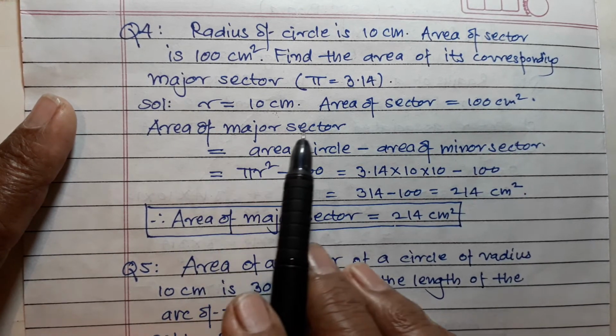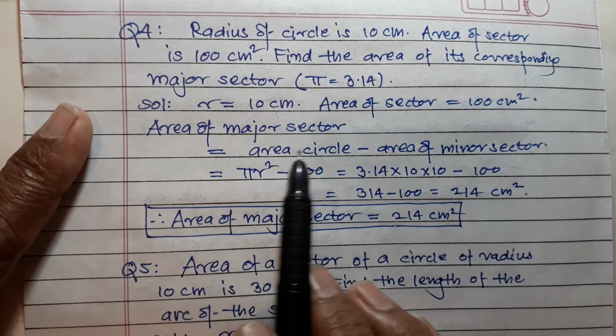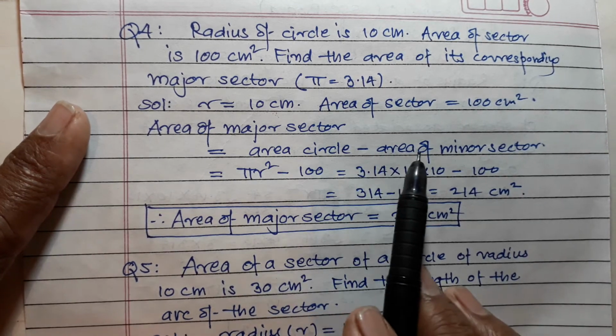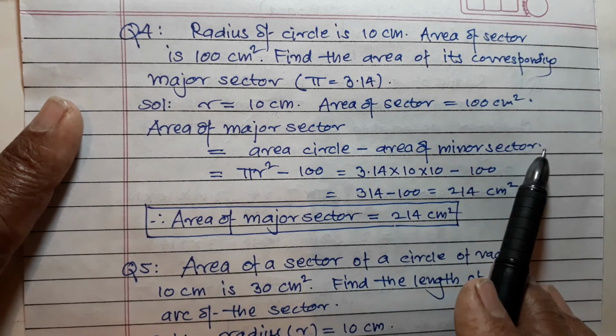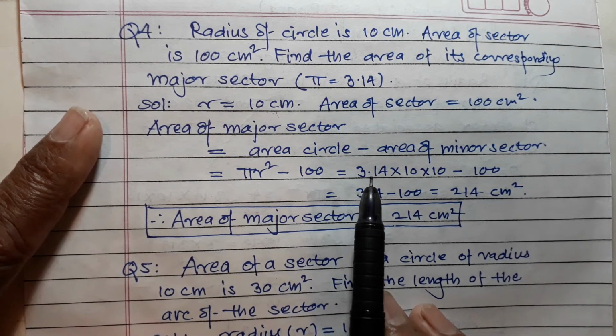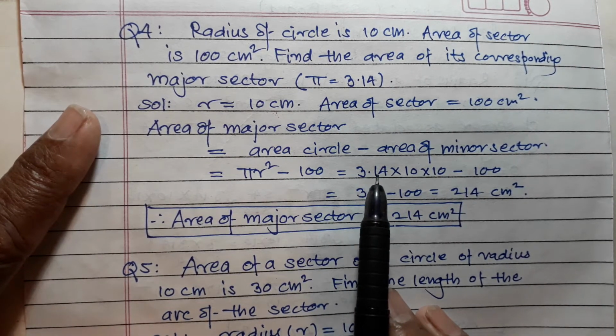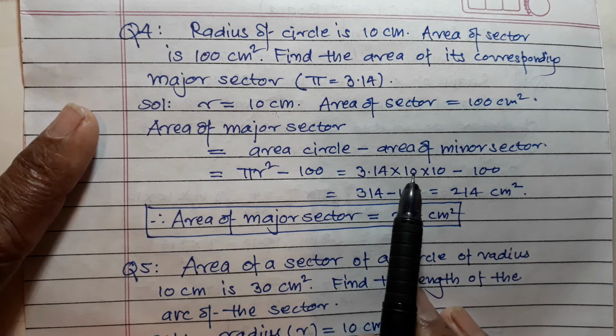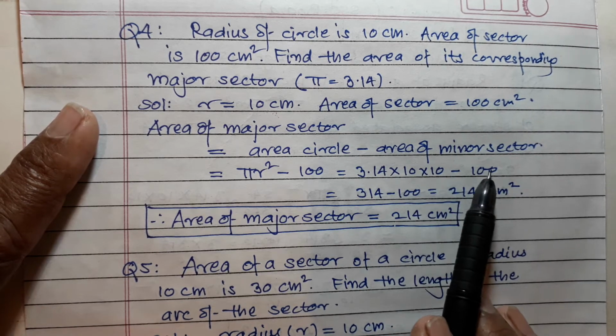Area of major sector is equal to area of circle minus area of minor sector, and therefore pi r square minus 100 is equal to 3.14 into 10 into 10 minus 100.